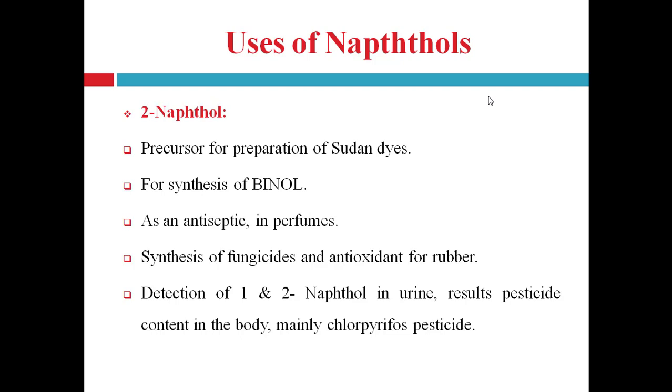Now uses of 2-naphthol or beta-naphthol. It is used as a precursor for preparation of Sudan dyes. As we know, Sudan dye is used as a dye for various plastics and to stain Sudanophilic biological samples, usually lipids as well as different fat molecules. 2-naphthol is used for synthesis of binol, which is used as a ligand for transition metal catalyzed synthesis.